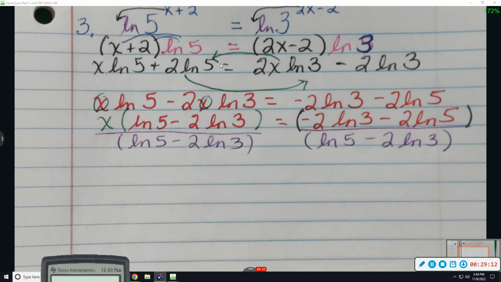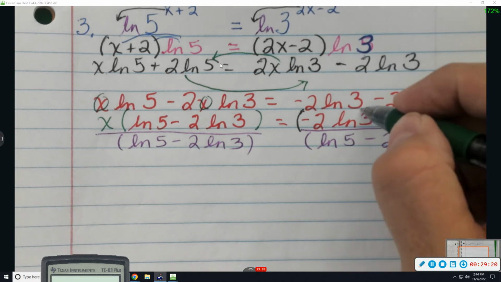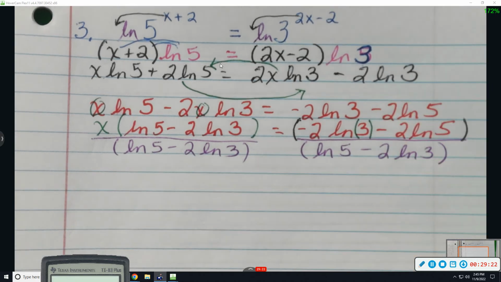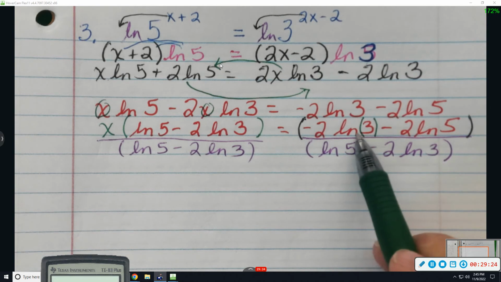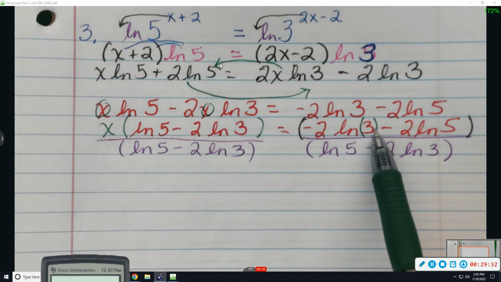And we got to be careful with the parentheses around the LNs. Every time I hit LN on my calculator, it opens a parenthesis, so I have to close it. If I don't have this parenthesis right here that I'm pointing at, it's going to give me either the wrong answer or an error.